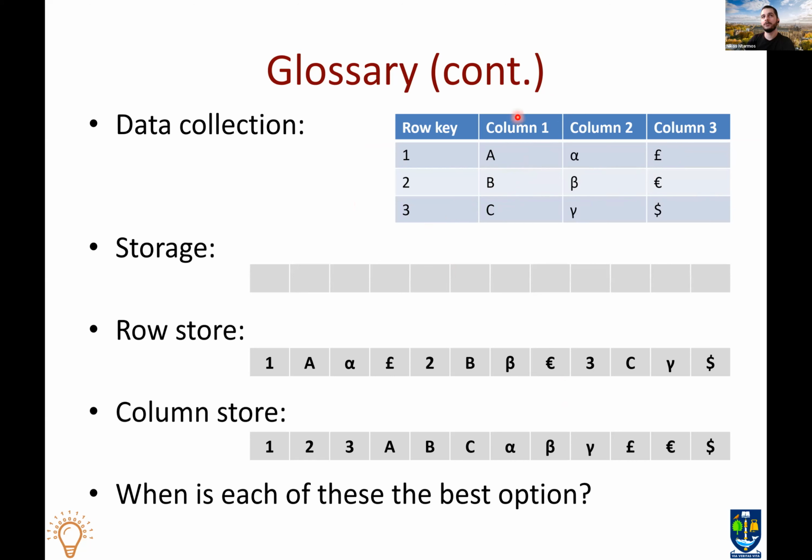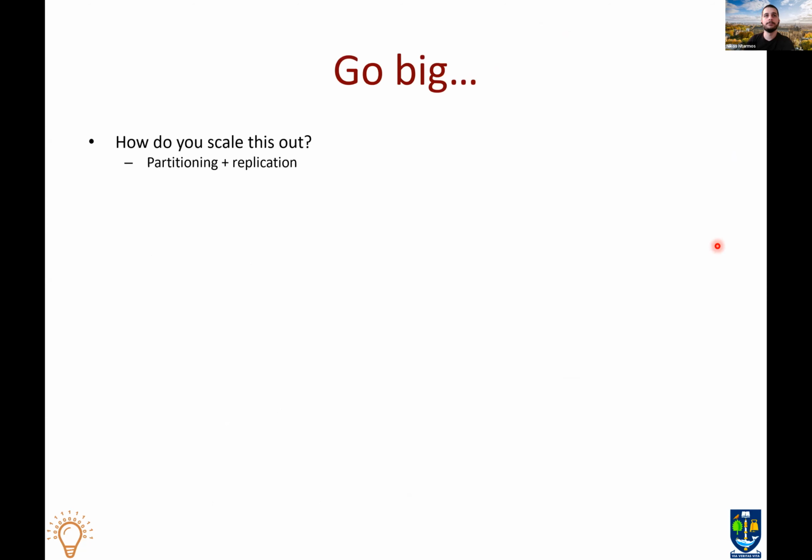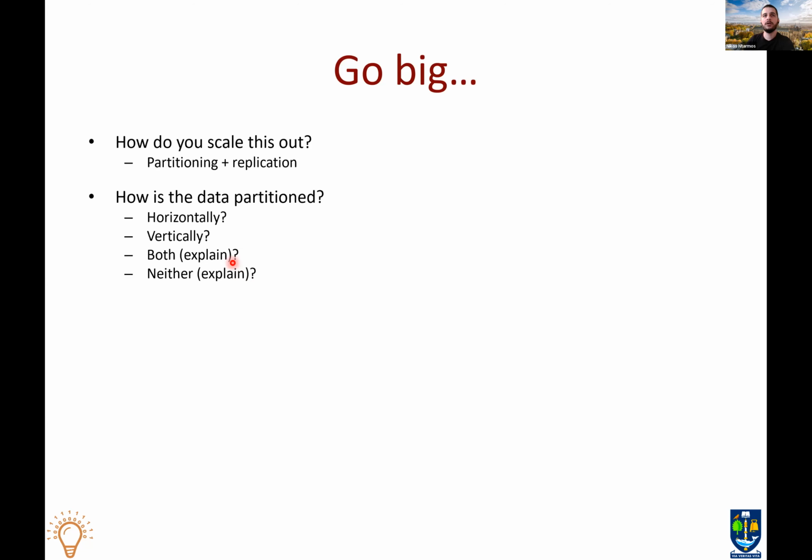So column 1 is one partition, column 2 and column 3 is another partition. Okay, and I can have multiple cuts, right? So I can cut twice vertically, and then have column 1, column 2, and column 3 being separate partitions, and so on. So how do we partition the data? Horizontally, vertically, probably both, or none of that.